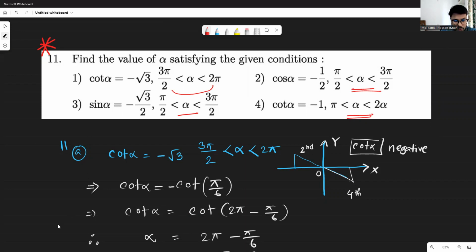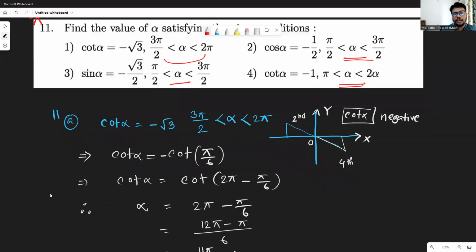So now the first question: cot alpha equals minus root 3. One step you have to know here: the given value is cot alpha equal to a negative value. If we draw the figure, cot is positive in some quadrants and negative in others.